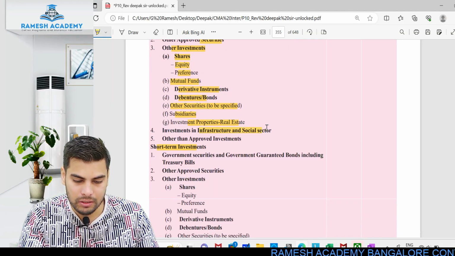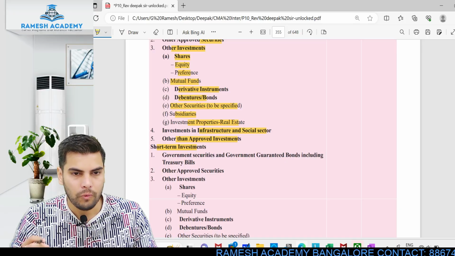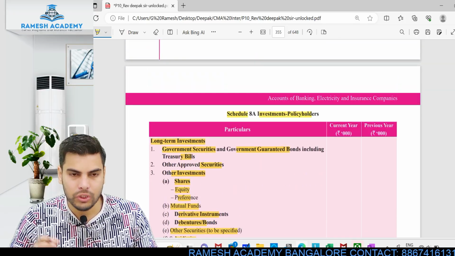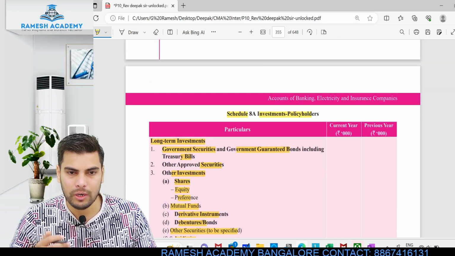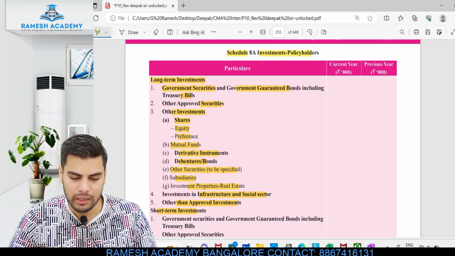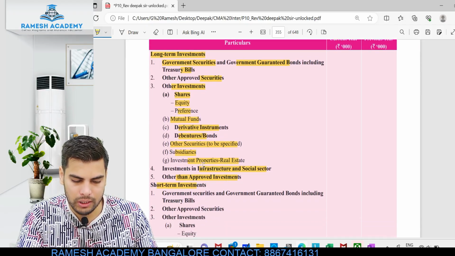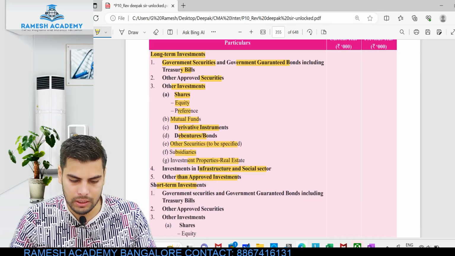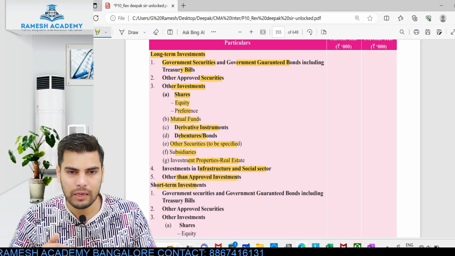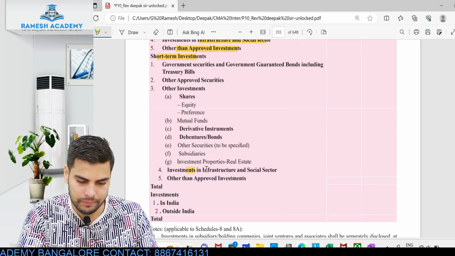Investment in infrastructure, social sector, and other than approved investment. So when it comes to shareholders, they are supposed to make the investment only in approved securities, whereas policyholders can make the investment in other than approved securities also. So that's why we have got two more additional things, investment in infrastructure and social sector, and then investment other than approved securities. Same thing over here.